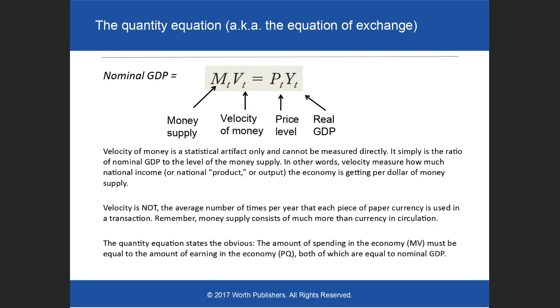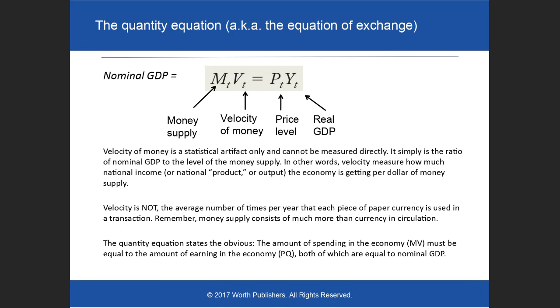This is the quantity equation. A couple of things about this I want to make sure that you get. You'll remember I said the left side, MV, is sort of like a spending side. It's the amount of money times velocity, which is the bang for the buck. It's the amount of GDP, or national income per dollar of money supply. That's how you think of velocity. And the right side, PY, is obviously going to be equal, because if I spend $1, you earn $1.